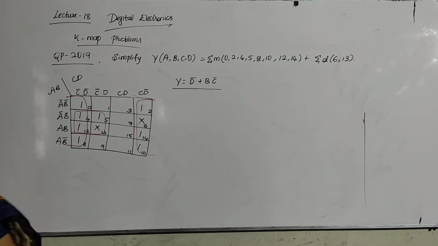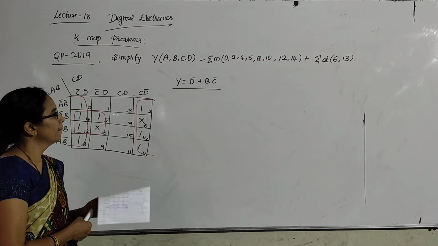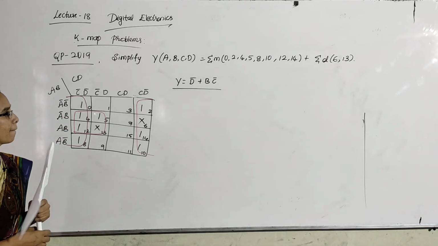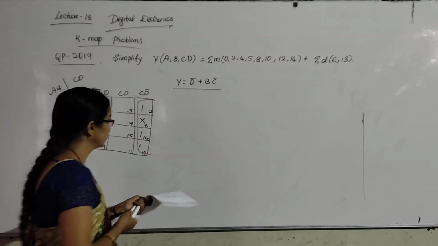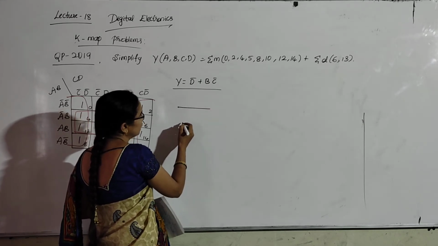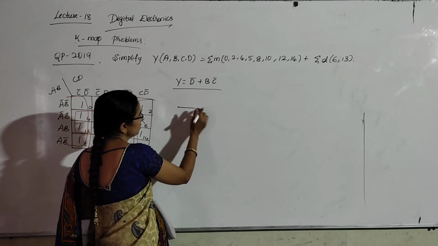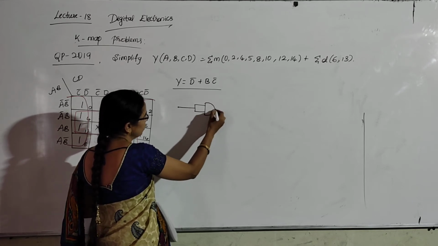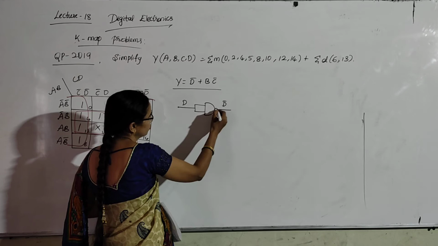Try to write the logic circuit using NAND gate. D bar it is, so only a single variable, I have to take D bar.